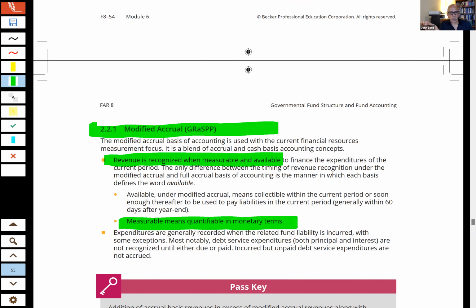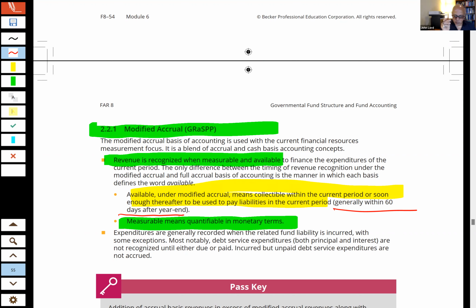We pretty much know or can estimate pretty closely what that amount is going to be. So it has to be measurable, okay? And then available, which is where they focus more, means that it's collectible within the current period or soon enough thereafter to be used to pay liabilities of the current period, generally within 60 days after year end, okay?